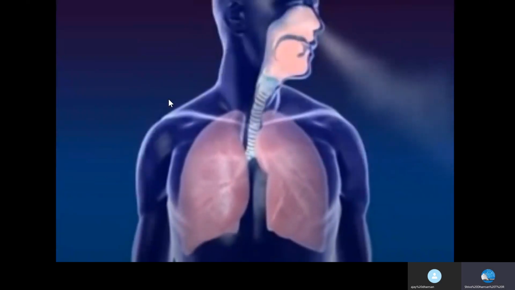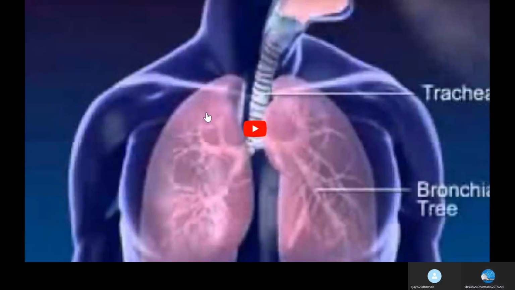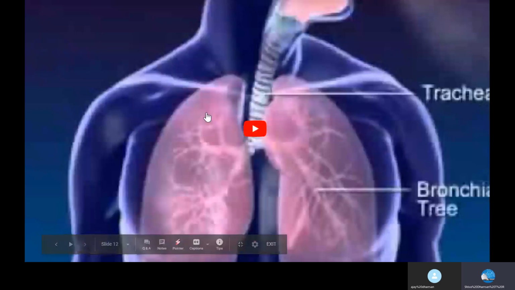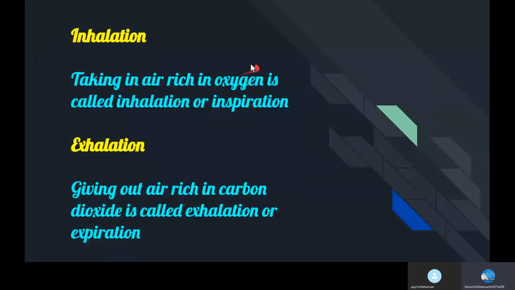Let us see a video of this inhalation and exhalation. Inhalation: taking in air rich in oxygen is called inhalation.